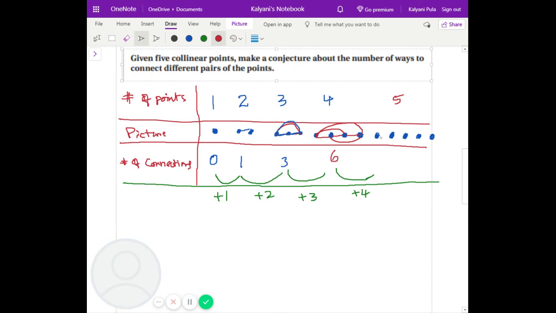Yeah, but let's see. 1, 2, 3, 4. From here, 5. From here, 6. From here, 7 and 8, 9, and 10.